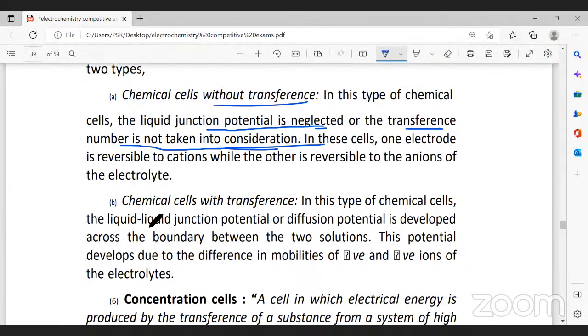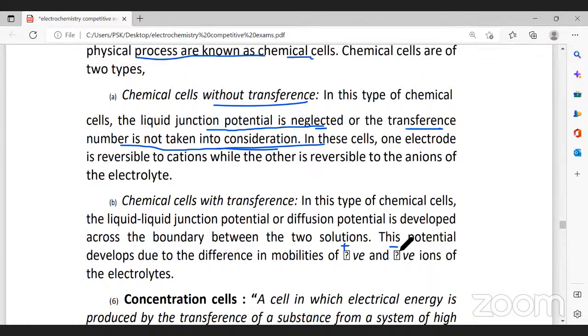In a chemical cell, the liquid junction potential, or diffusion potential, is developed across the boundary between the two solutions. This potential develops due to the difference in mobility of positive and negative ions of the electrolyte. When we take KCl, there is no difference in mobility because both move with the same speed.